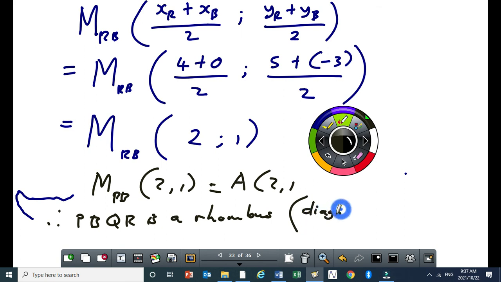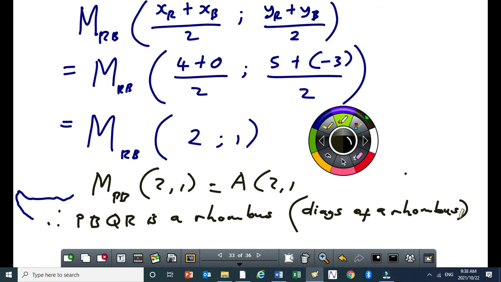Just write diags here for a rhombus. By diags here, we are combining diagonals being perpendicular and diagonals bisecting. This is based on the examination guidelines in terms of the reasons that I gave you. I hope you still have those reasons.